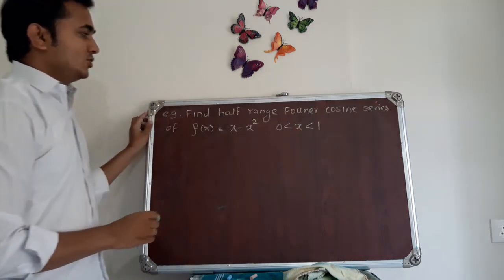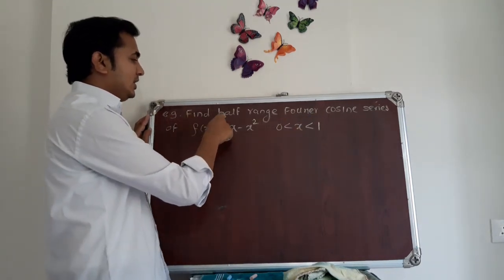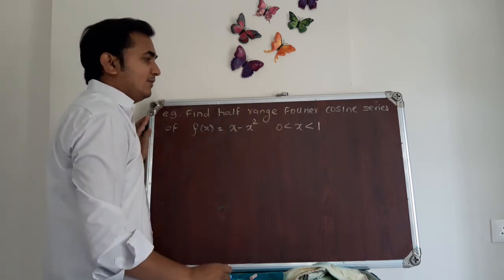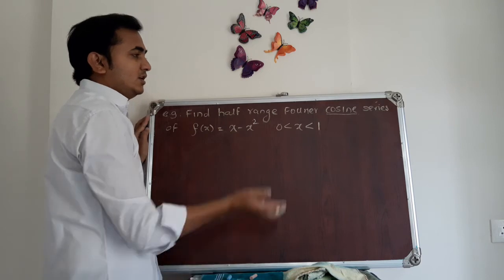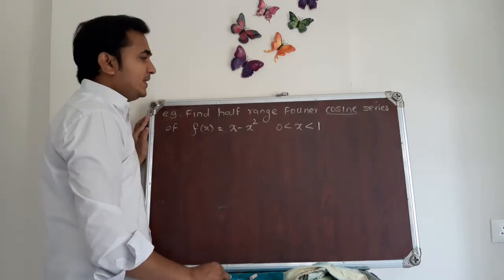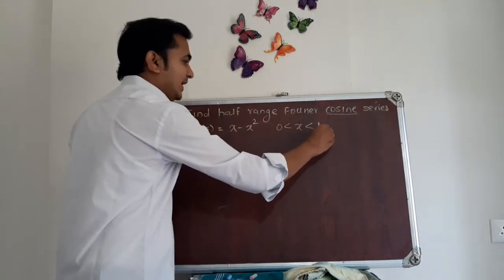Read it carefully. You have been asked to find the half range Fourier cosine series. That means that the function is extended to become an even function, and the value of L is 1.